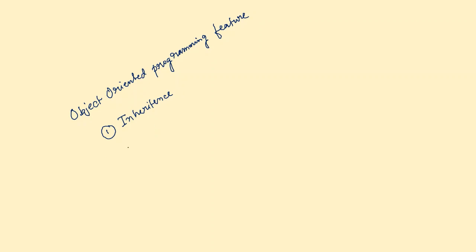Now the next one is called polymorphism. The name is given by these two words. One is poly. Poly means more than one. Suppose you have a sibling, and both of you have a common parent.